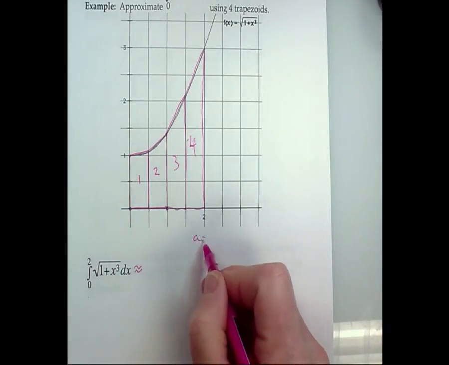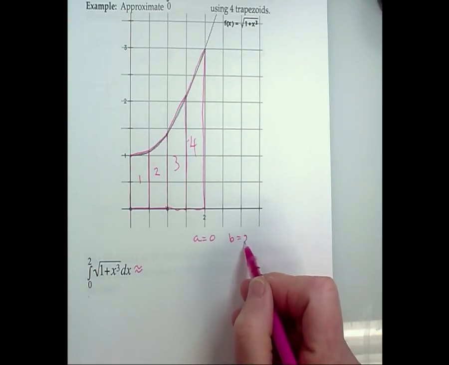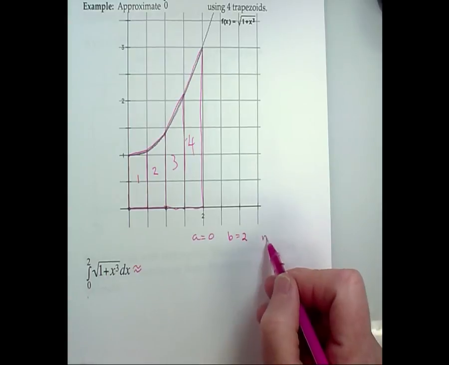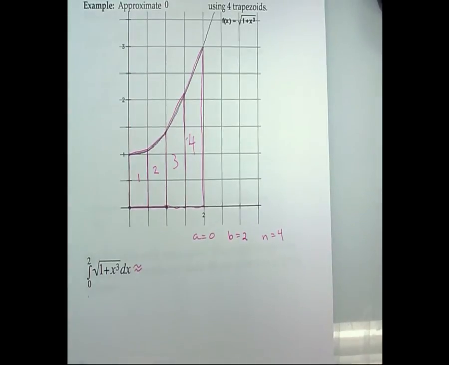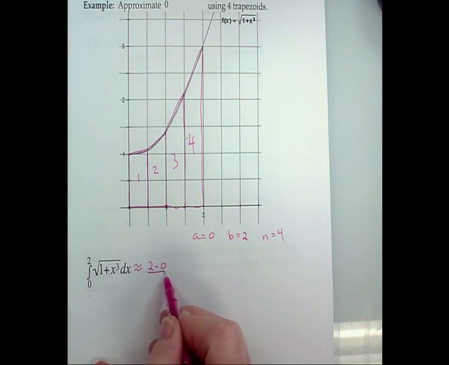So, A is 0, B is 2, N equals 4. Everybody agree with that so far? And so my area is going to be 2 minus 0 over 2 times 4.